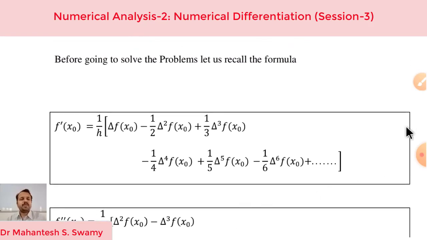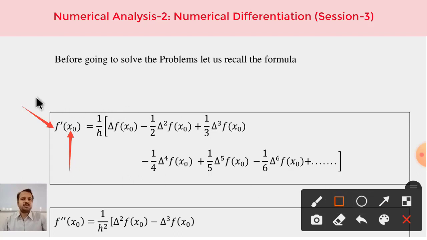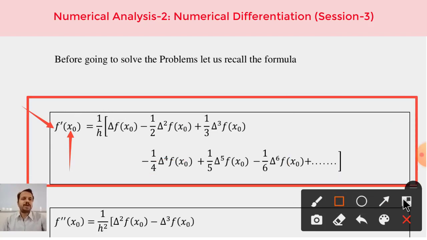First, when we want to find the derivative of the function f, that is, if we want to find f dash at the point x0, that is the initial point, the formula is going to be quite simple in this particular case because it is a special case. We have discussed it in detail in the previous session. Please have a look at that session.